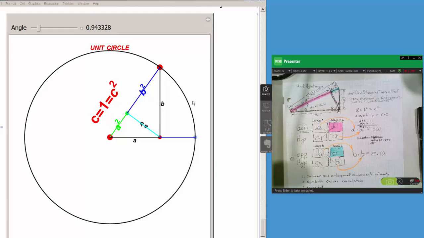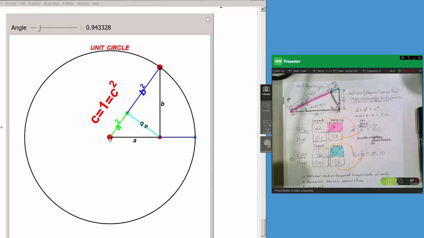Okay, so before I move on, I want to make mention of one thing. This approach that you're about to see here in just a minute is based on similar triangles. I've seen other people do a similar triangle approach, but they never used the unit circle. They never used what I like to think of as a unit triangle because it has a unit hypotenuse, in other words, a hypotenuse of length 1.